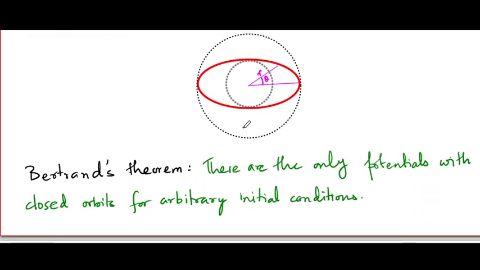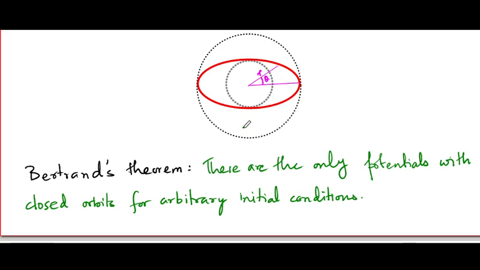Now we have seen that for the Kepler problem and for this particular problem, the simple harmonic oscillator problem, that is for minus k by r and kr square, we have closed orbits no matter what the initial conditions, not necessarily when you are close to a circular orbit.